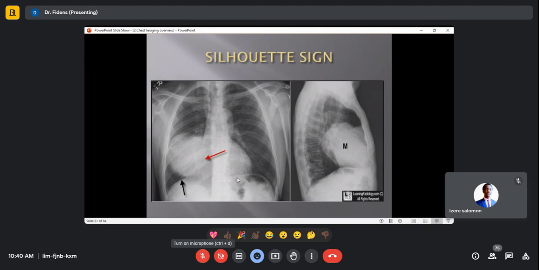Maybe that case was pulmonary edema, which makes the margin of the heart not clearly outlined. I think that case was cardiogenic pulmonary edema, because with cardiomegaly alone, without pulmonary edema, you see the margin of the heart very well.